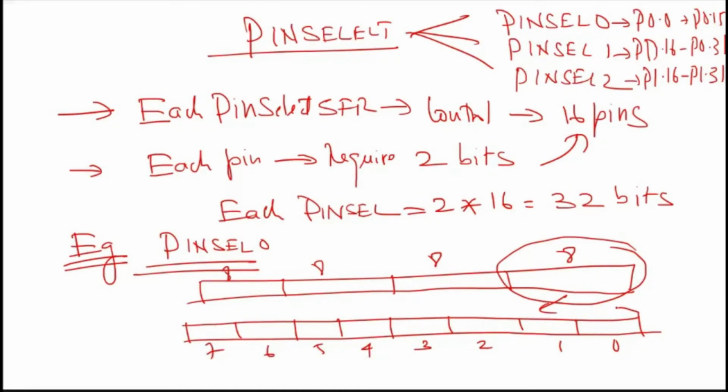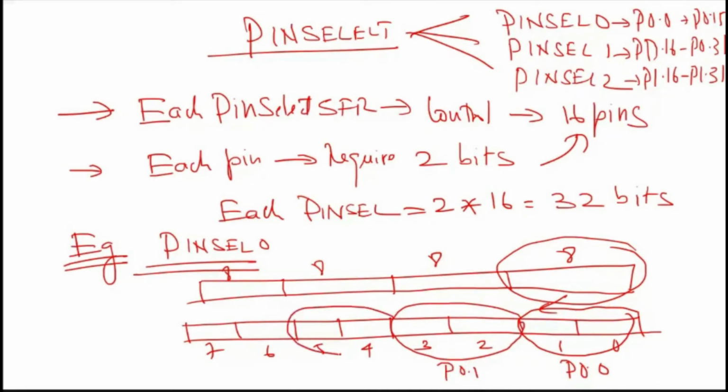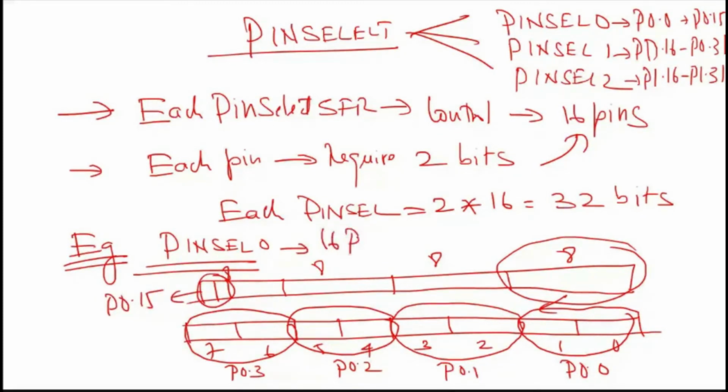The first 2 bits control port 0.0. The next 2 bits control port 0.1. The next 2 bits control port 0.2. The next 2 bits control port 0.3, and so on and so forth. The last 2 bits control port 0.15. So totally pin select 0 controls 16 pins. Similarly, pin select 1 controls 16 pins, pin select 2 controls 16 pins.